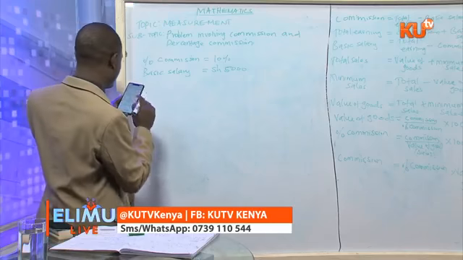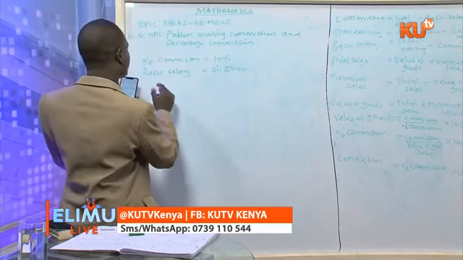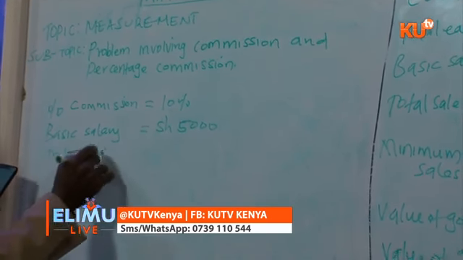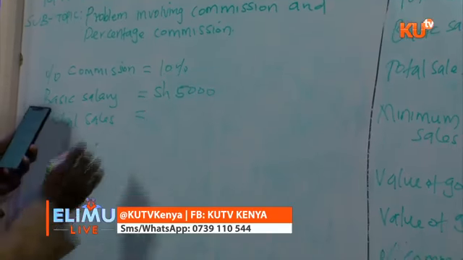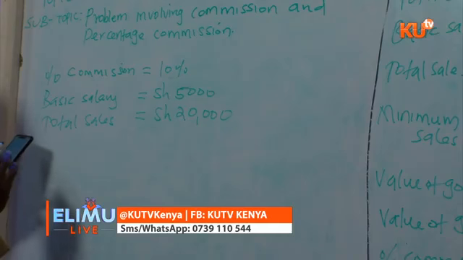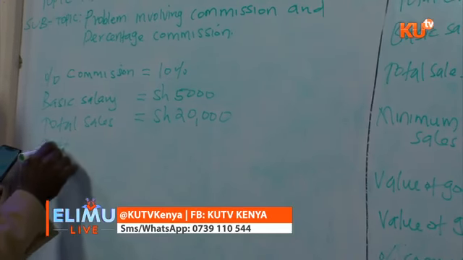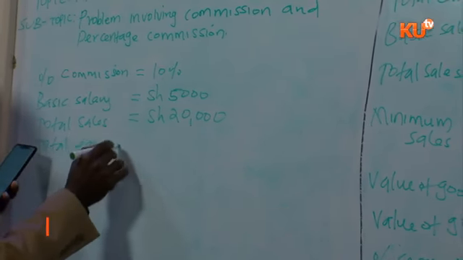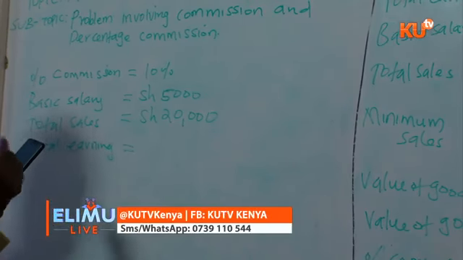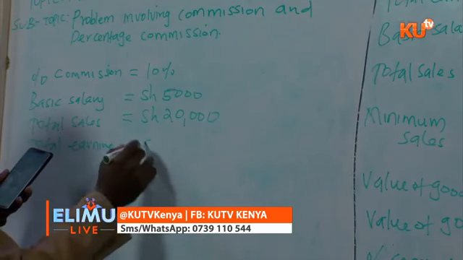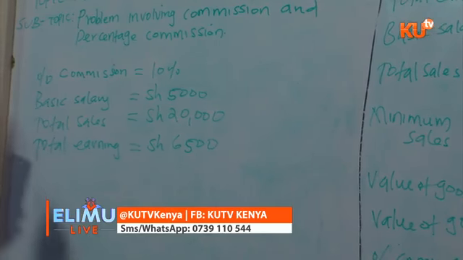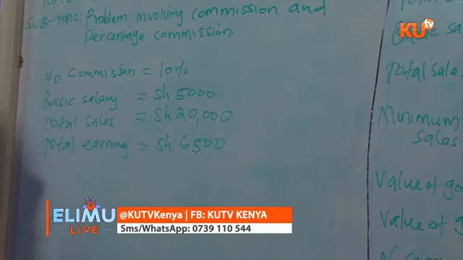So the basic salary is 5,000, and then we have the total sales as we have been given as 20,000 shillings. We also have total earnings. Total earning we have been given as 6,500.